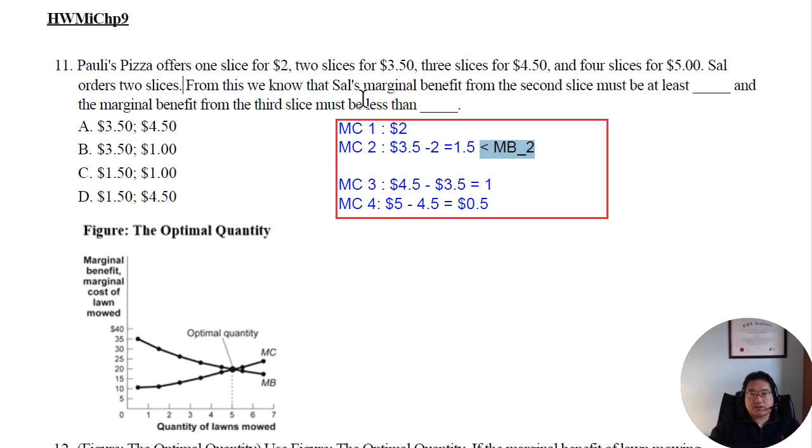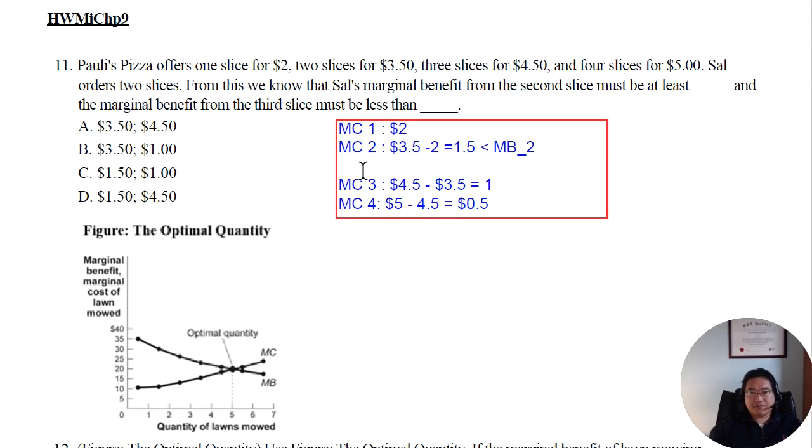In other words, Sal's marginal benefit from the second slice must be at least $1.50. But he didn't go to the third one. Okay, he has done the calculation, right? You pay $1 extra, you get one extra slice. That's the calculation.